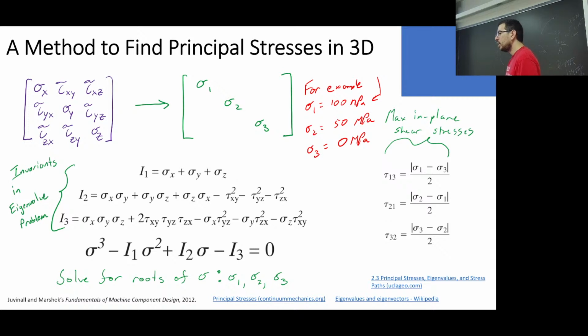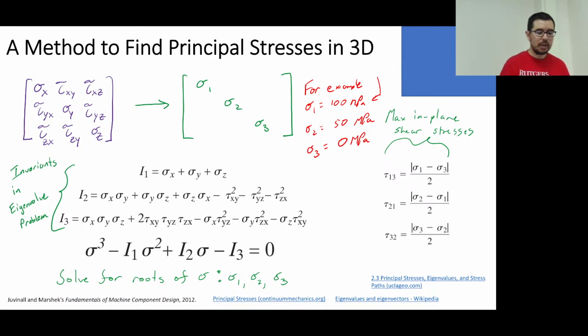But if I start looking at different combos of planes, the 1-3 plane, or the 1-2, or the 2-1, or whatever, if I drew these three like this, I would have a point here, a point here, and a point here. This would be my sigma 3, this would be my sigma 2, and this would be my sigma 1.